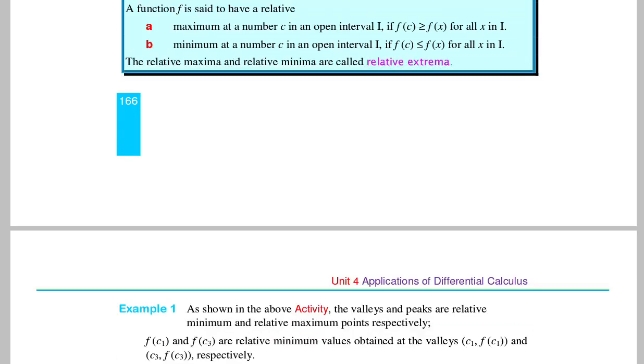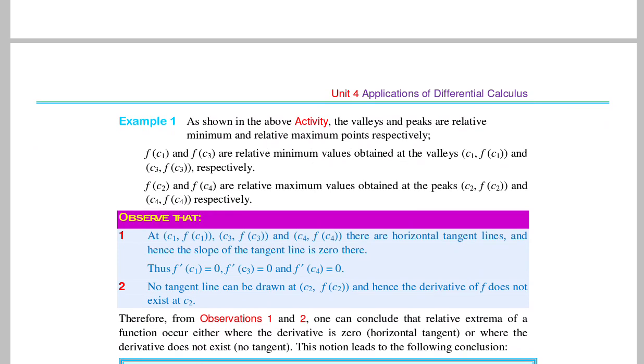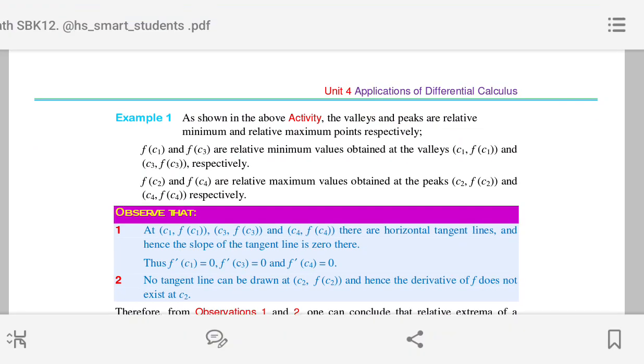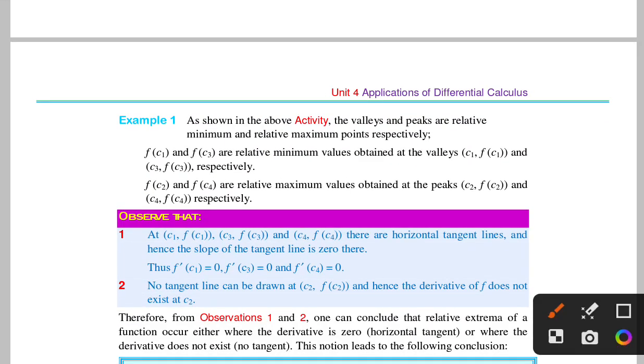The valley and the peak, valley and the peak. Valley is a relative minimum and peak a relative maximum point respectively.